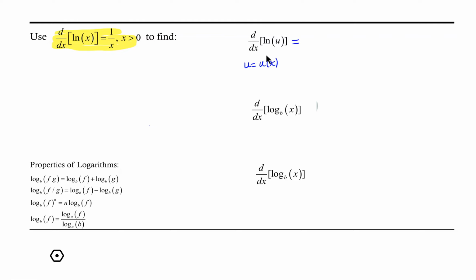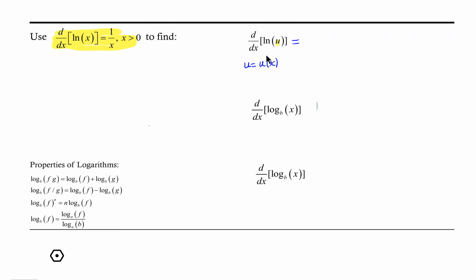So by the chain rule, we know that we take the derivative of the outside function and then leave the argument alone. Then, after we take the derivative of the outside function, leaving the argument unchanged, we multiply by the derivative of the argument. So in our first example here, our argument is a function u of x.